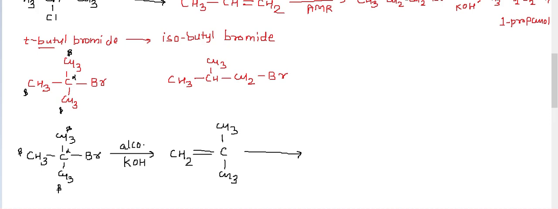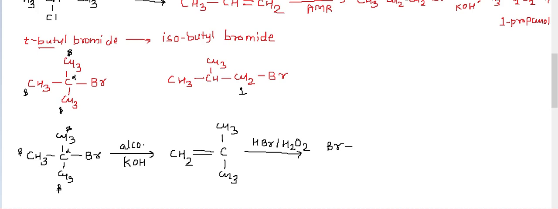Now what we have to do is add bromine again and hydrogen again. So we can do addition of HBr and H2O2 in this reaction because this bromine is attached to the first position, and we know when we want any functional group at the first position, then we can proceed through HBr and H2O2 addition to alkene.